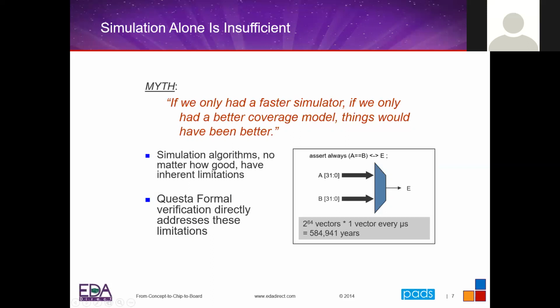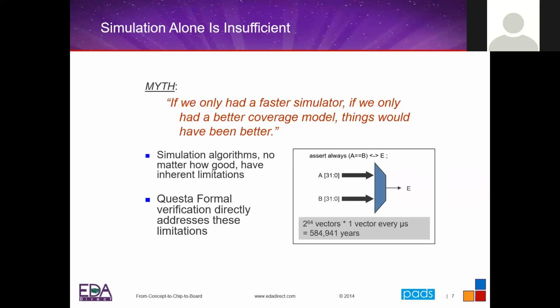It's comparing two 32-bit vectors, and if they are equal, then the E line is 1. Otherwise, it's a 0. To simulate that in a simulator, that's going to be 2 to the 64th vectors. So even with a super fast simulator, that's going to take forever to do.